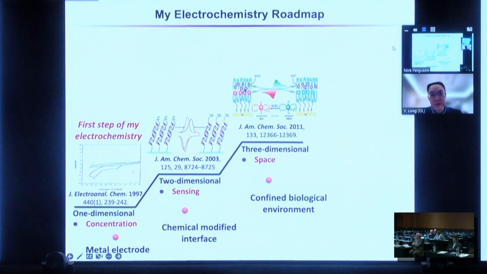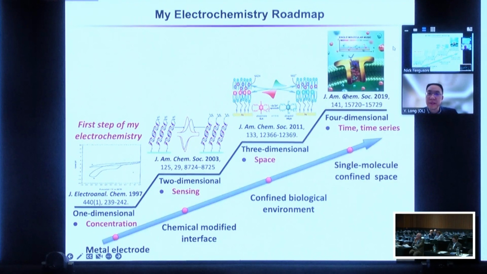So we can coat a lipid layer on the surface. So the interacting species such as coenzyme can move around in the lipid. This is a biomimetic surface. We call this a confined biological environment. So this is three-dimensional. It's a space on the surface.